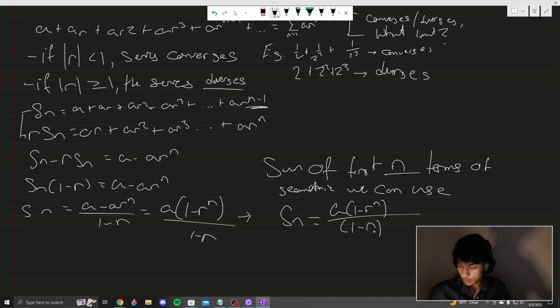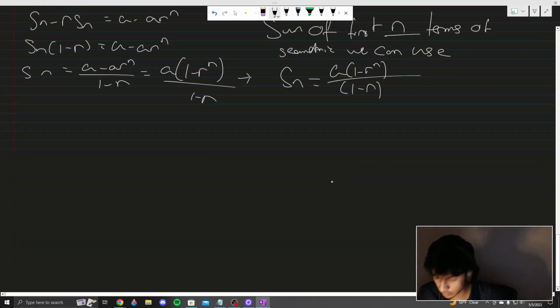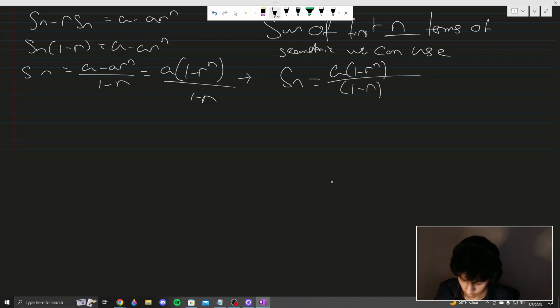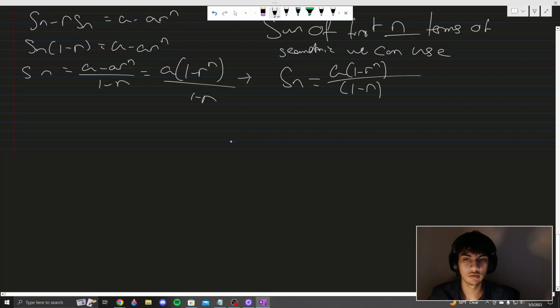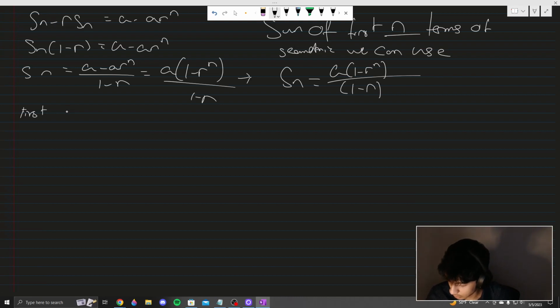So for the first four terms of the sequence, I want to evaluate S n, where n is replaced by 4.